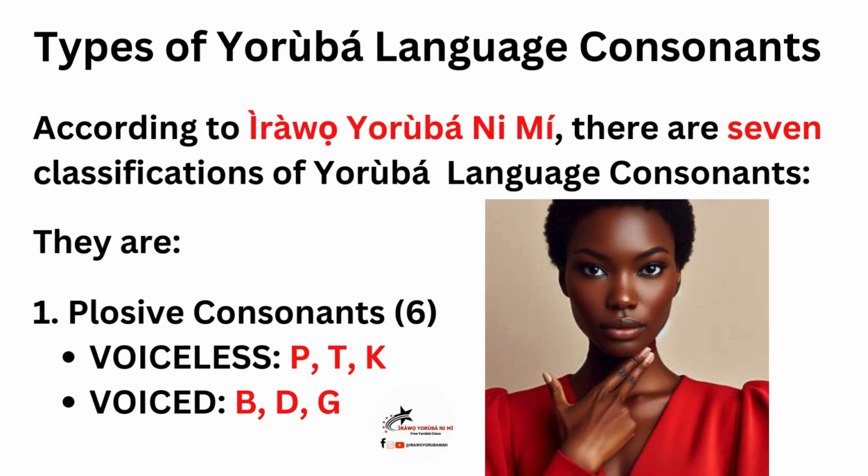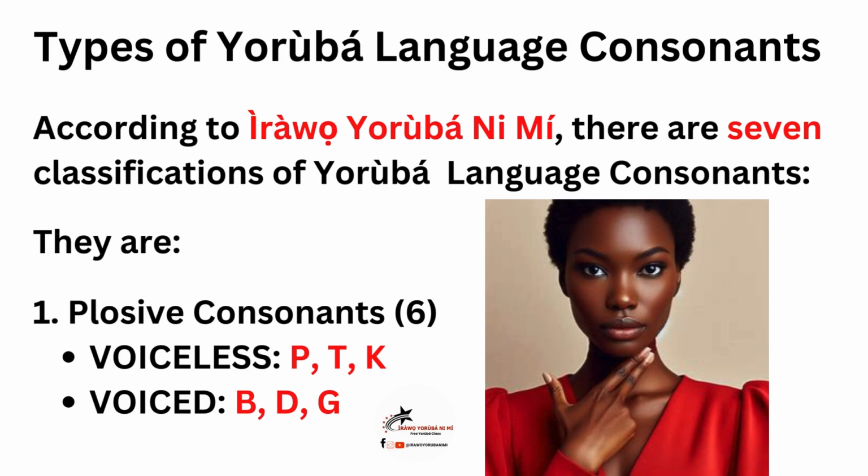They are: 1. Plosive consonants. These are 6 in number. They are the voiceless plosive consonants and the voiced plosive consonants. The voiceless plosive consonants are P, T, Ki.